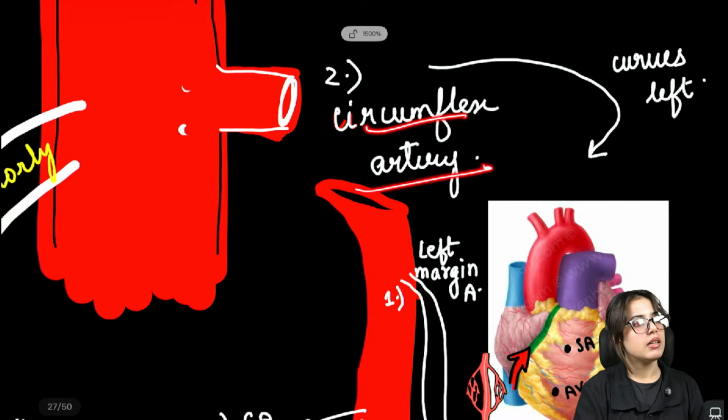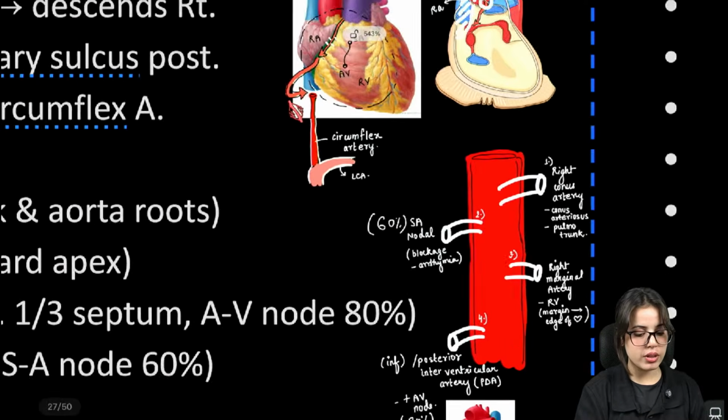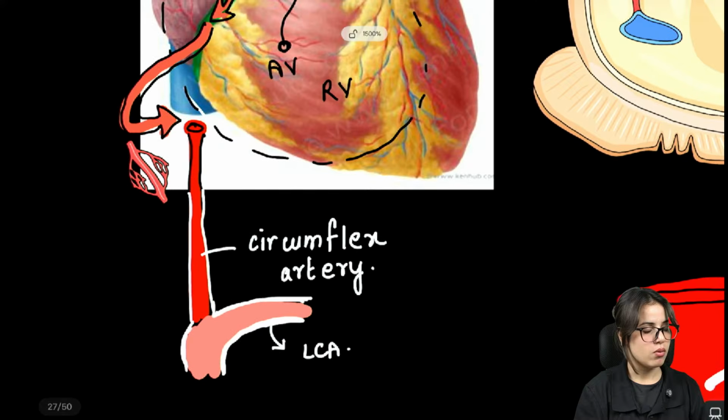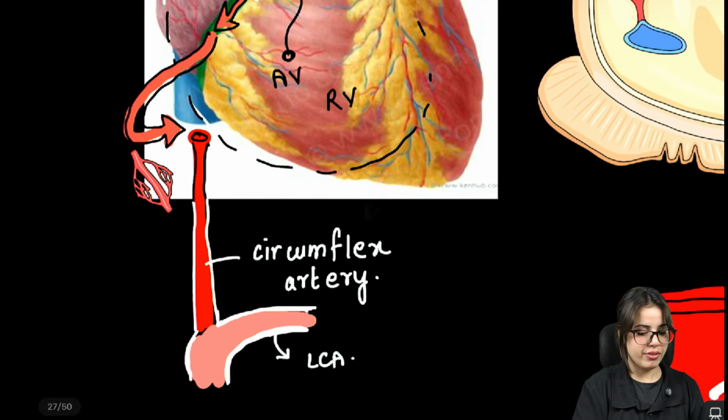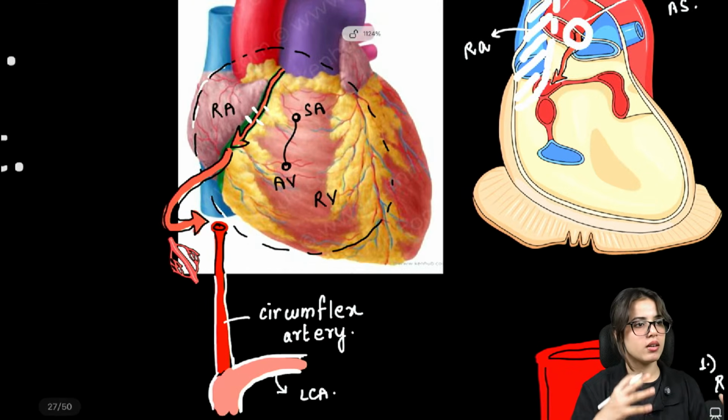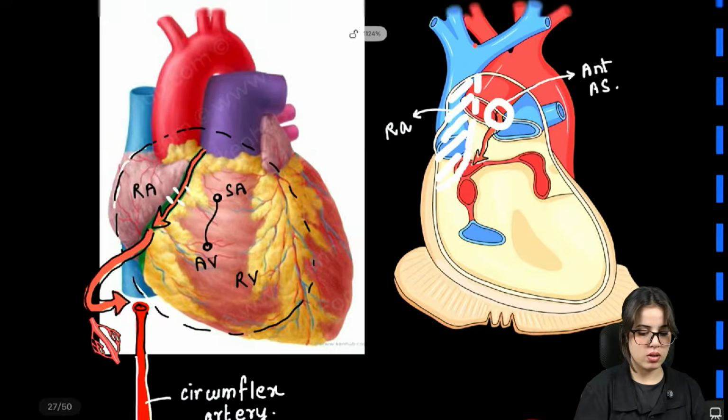circumflex artery. Okay, so one of the branches of the right coronary artery terminates into anastomosis with the circumflex artery. Very important, extremely important. I hope you can visualize this. So how does it start?